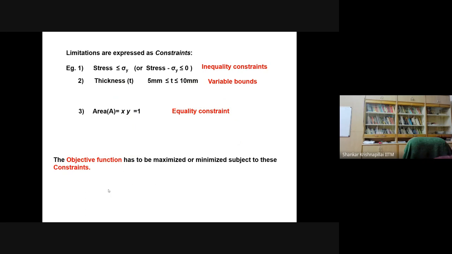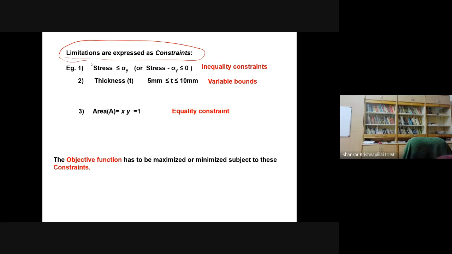I earlier mentioned optimization means obtaining the best solution subject to some limitations. These limitations are called constraint equations. What is the meaning of constraint equations? Some examples are shown here.